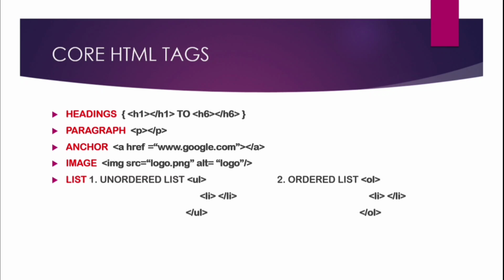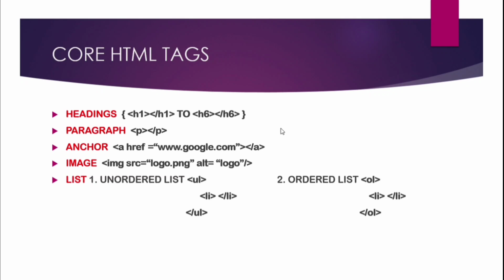One is the source, which is used to link the image that you want to add. Here you can see I have added logo.png. The alt attribute is used when the image doesn't display on the website, to tell the user that in this place we have an image, and that image is the logo. You can mention that in the alt attribute of the image tag.